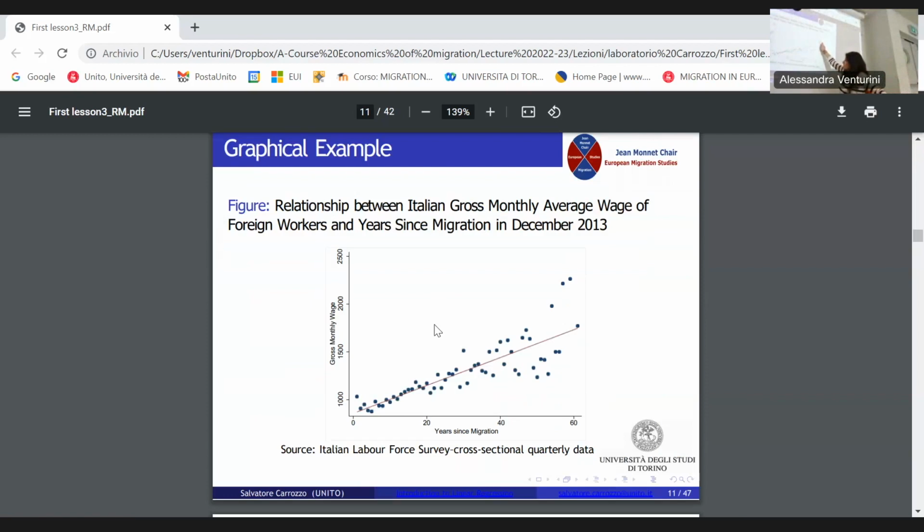outlier. And the economists are very brave. Sometimes, with a country like this, they say, this is an outlier, I take it off. What does it mean? It means that it's so difficult to find a relationship between these variables that it is a special case.